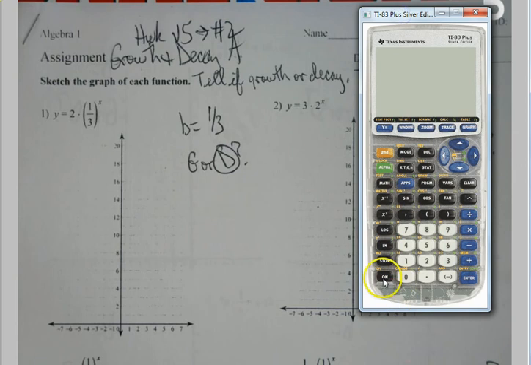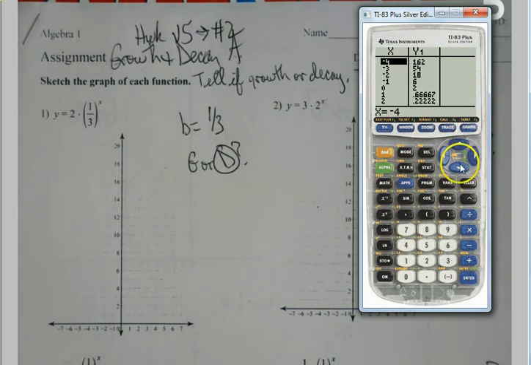Move the calculator here. Clear that stuff out. So 2 times 1/3 to the x. Let's take a look. Yep, looks like decay.